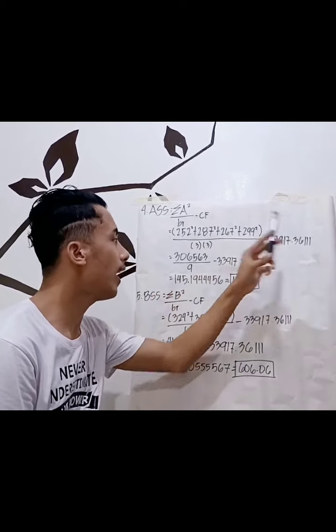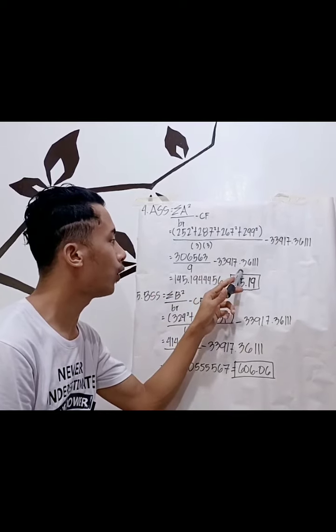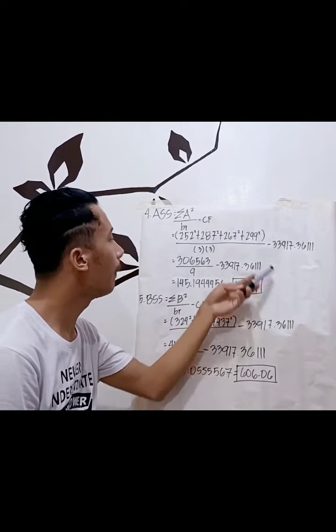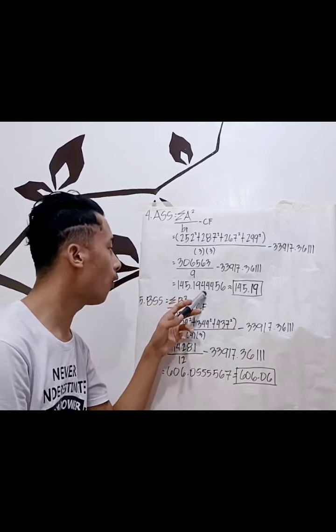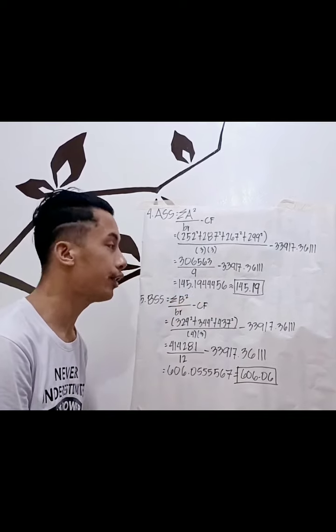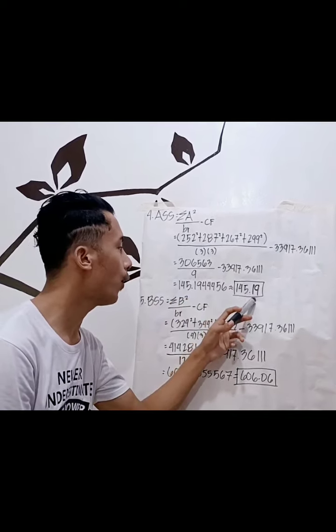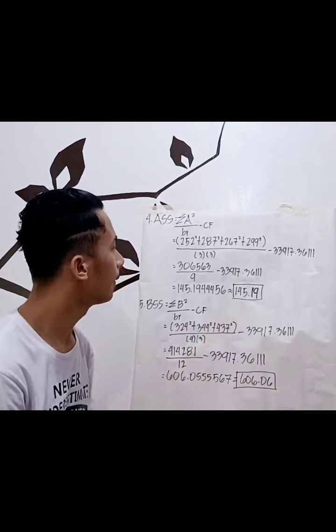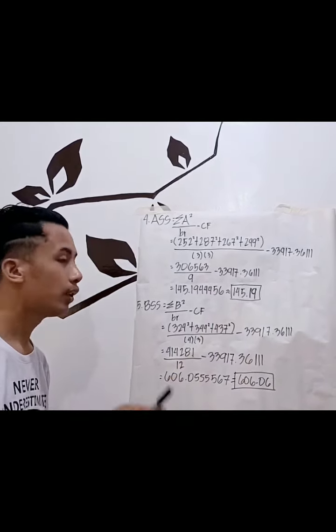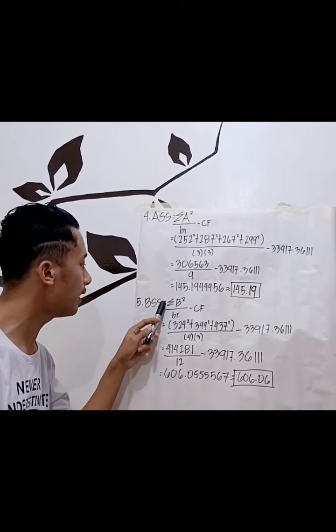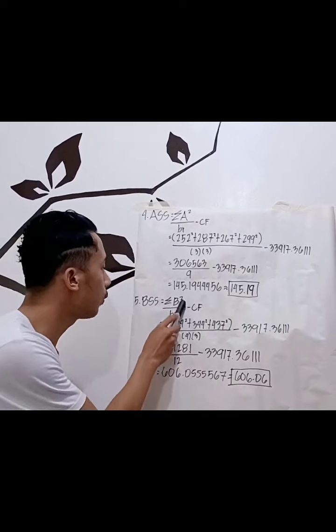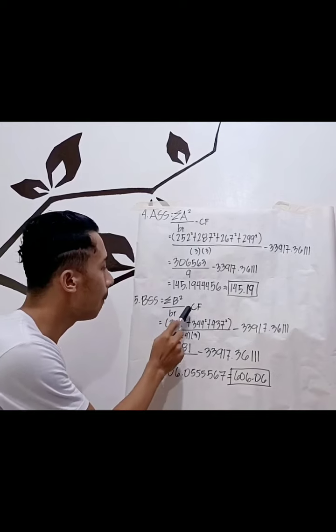And minus na to sa CF, 33917.36111 is equals of 145.1944456 or in short, 145.19.